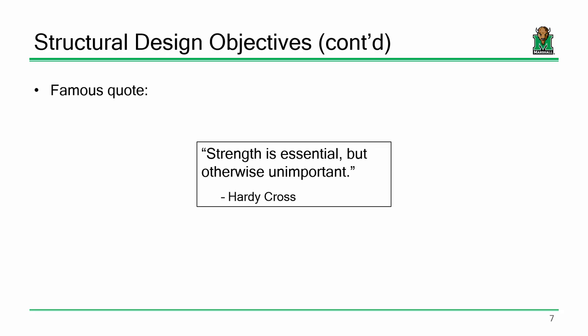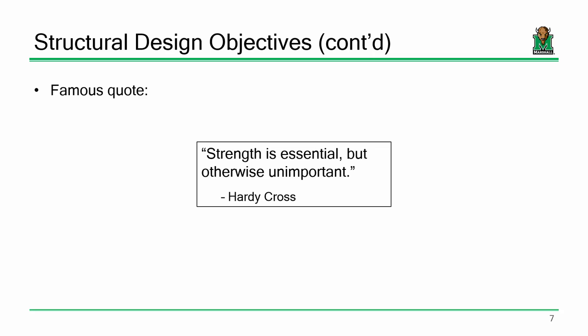And one of his sort of key quotes in structural engineering is that strength is essential and otherwise unimportant. And what he means by that is that in this class we are going to get married into the concept of strength, and it's going to be what we talk about all semester. And I just want it made clear at the beginning, that's not the only thing.